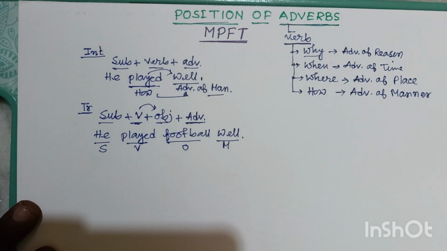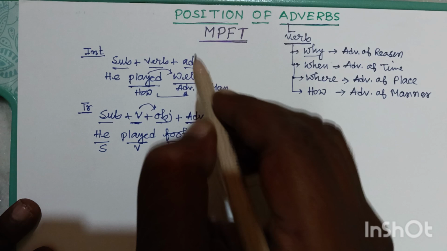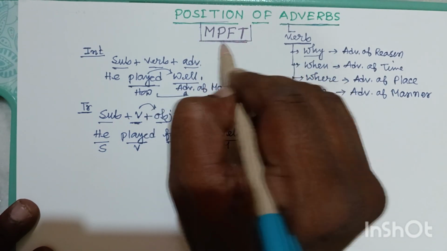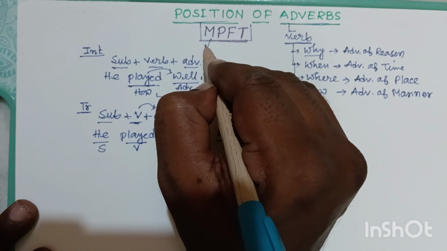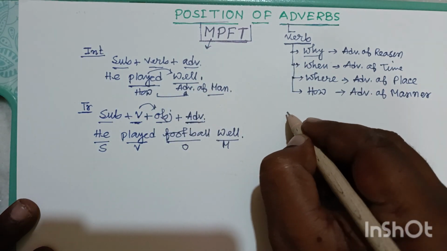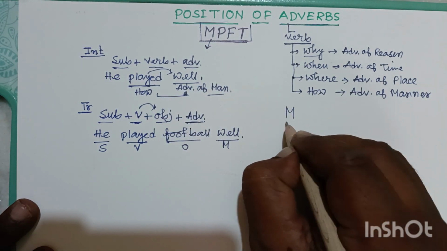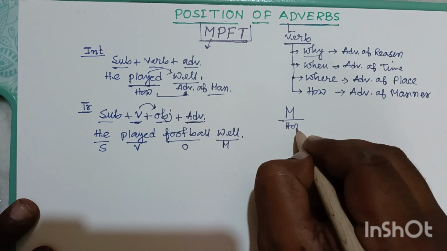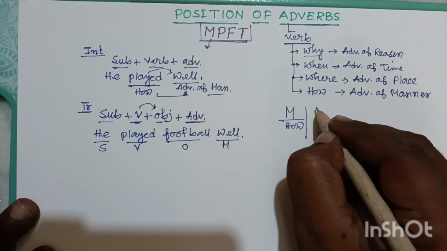My dear friends, some of the time it becomes tricky when you can see more than one adverb in a particular sentence. At that time we have to follow this structure. M refers to adverb of manner; you can ask the verb by how, and the answer will be adverb of manner.